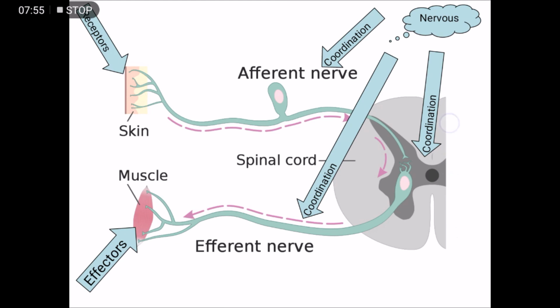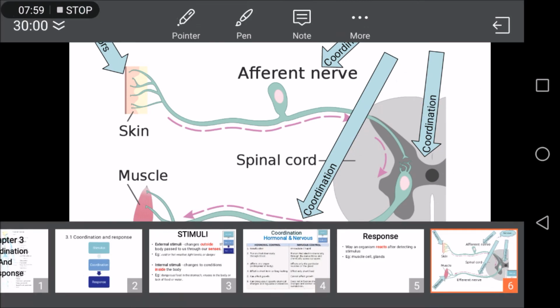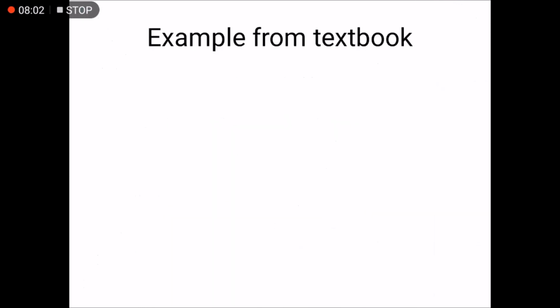Next one, I need you to see the example from the textbook. I believe all of you have the textbook. If not, then you have to PM me, message me, and I can show you the example in the textbook or reference book. For example, you have to sit down and study or memorize some examples that you can write in your exam.